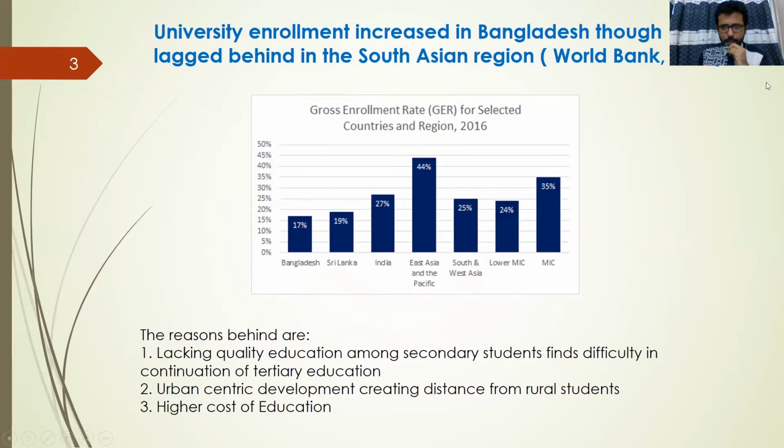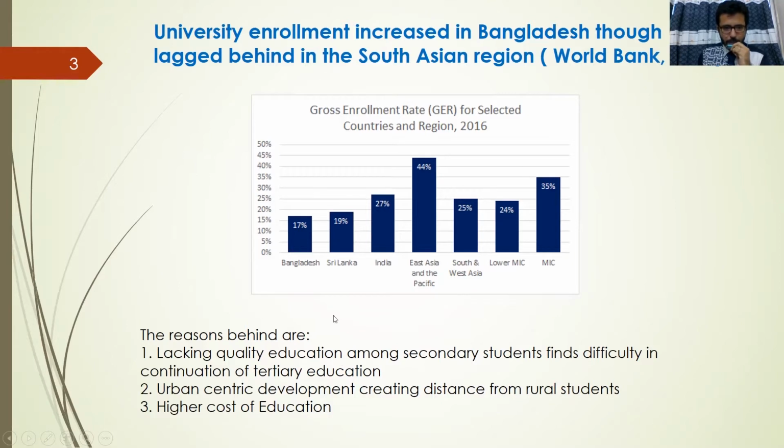This statistics show the enrollment of students in university in Bangladesh. Though it has increased, it still lags behind in South Asia. And you see, this is the situation of Bangladesh in the Asian region.